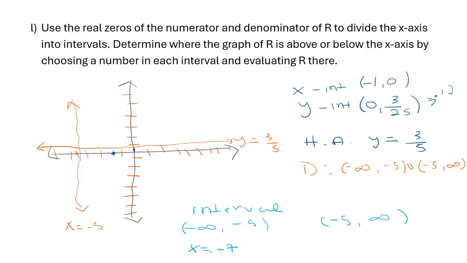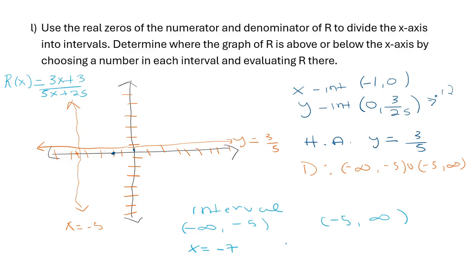When you take -7 and substitute it into the original function, which is r of x equals 3x plus 3 over 5x plus 25, I'm substituting it for this x right here. So I'm saying 3 times -7 plus 3 divided by 5 times -7 plus 25.